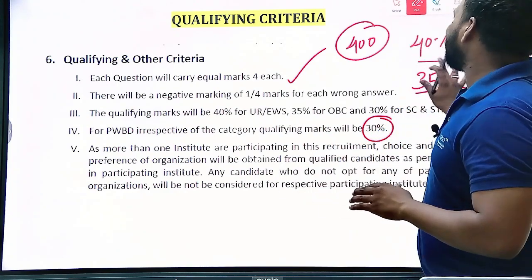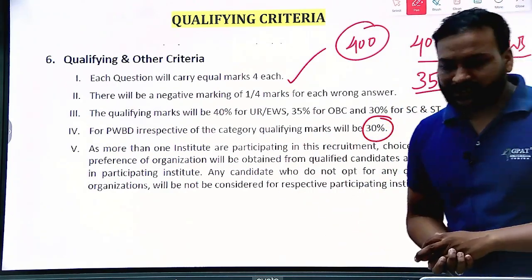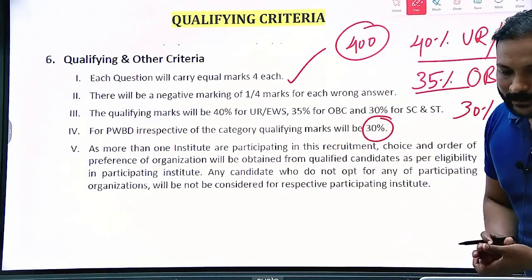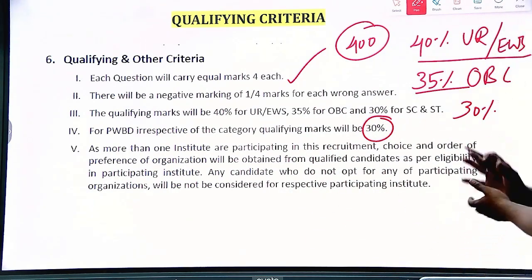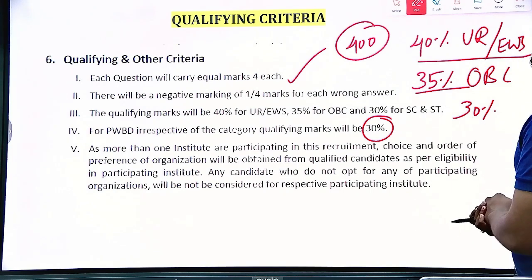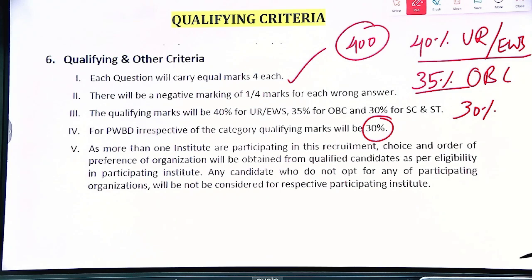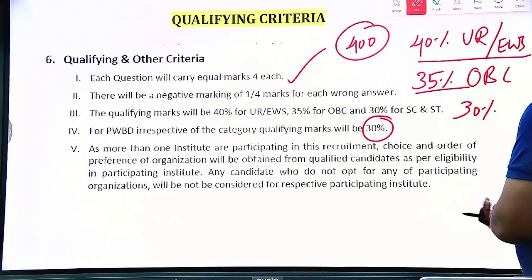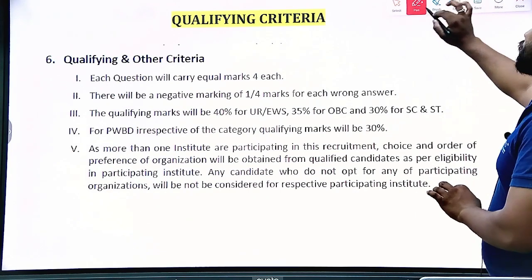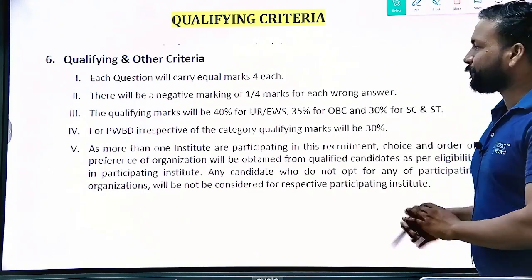For the general category 40% marks is required, for OBC 35% marks is required, and SC/ST candidates and persons with disabilities should have 30% marks. Clear? So this is the qualifying criteria that we need to look for.